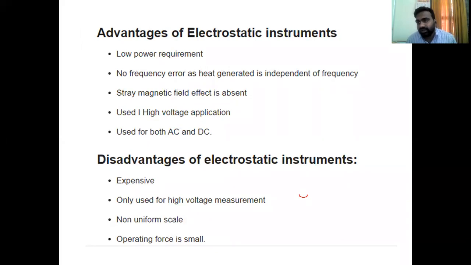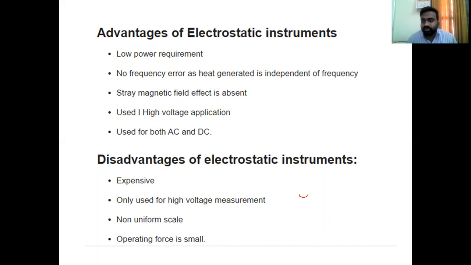We create the deflection torque only with the help of a static electric field, that means the force of attraction or repulsion is due only to the electric field. It can read around 20 kilovolts, the highest range being 20 kilovolts or 10 kilovolts, and you can use it for AC and DC.